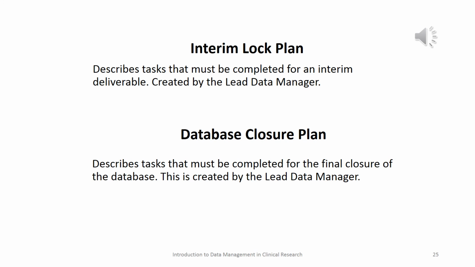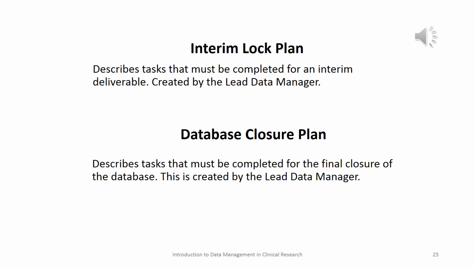And finally, we have the interim lock plan. The interim lock plan describes the tasks that must be completed for an interim deliverable, and this is created by the lead data manager. Every once in a while, at various milestones in our trial, we'll do a database lock or a database freeze, and we'll go ahead and take the data that's in our database and have it reviewed.